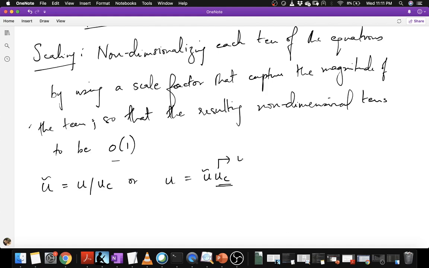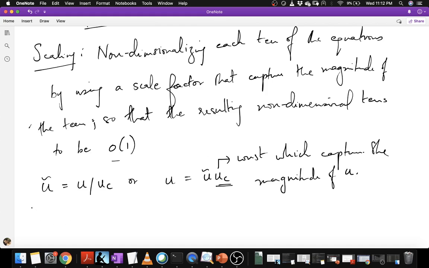This is a constant which we hope captures the magnitude of the velocity u. We can only do this roughly, of course, because we don't know the exact magnitude of u. Moreover, the magnitude of u, as you know, varies in the channel, maximum away from the walls, less near the walls, and so on. But roughly, we want to choose u characteristic so that the magnitude is captured.